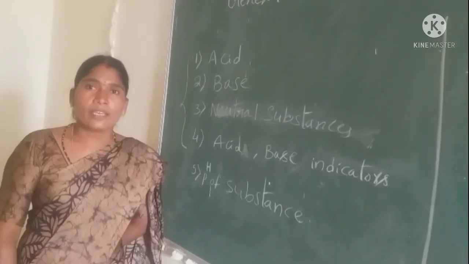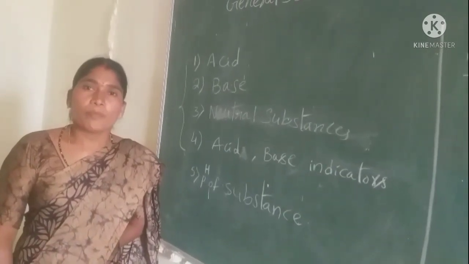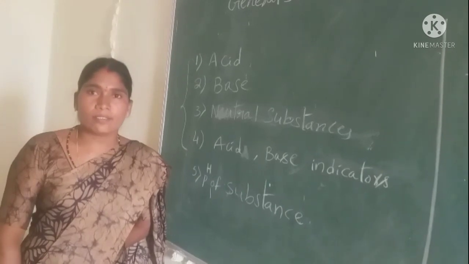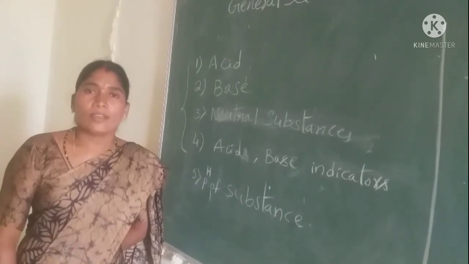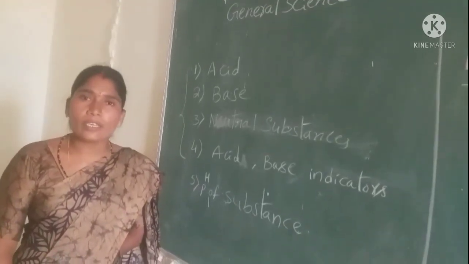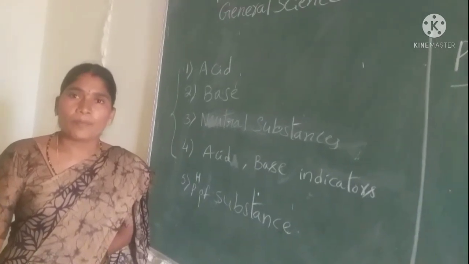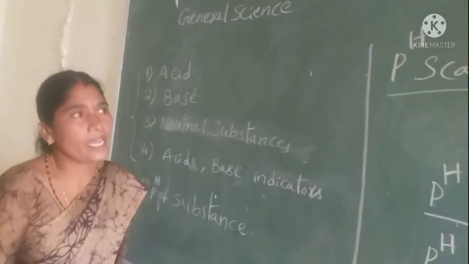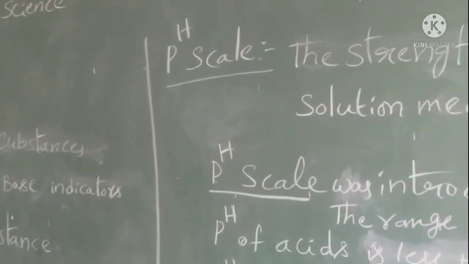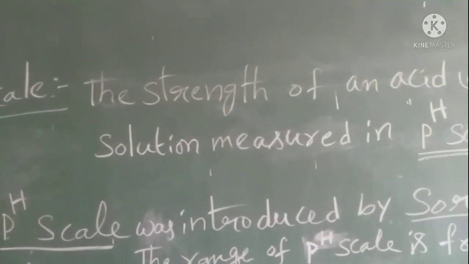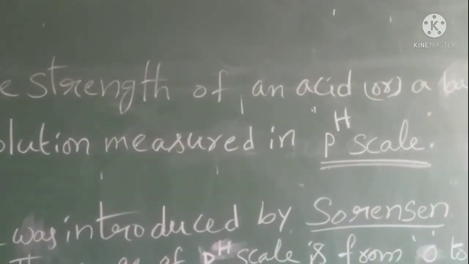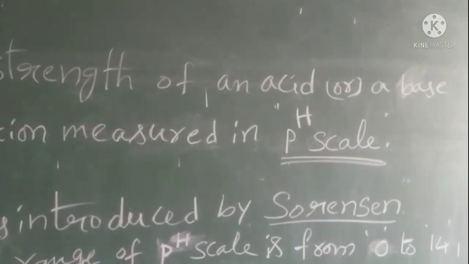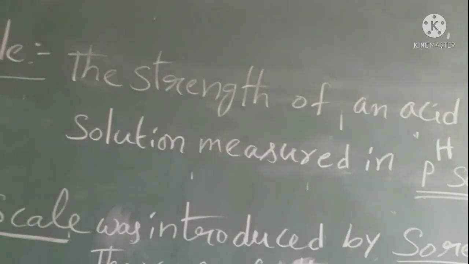Vinegar has a lower pH value than hydrochloric acid. Okay, children? The strength of an acid or a base solution is measured on the pH scale.